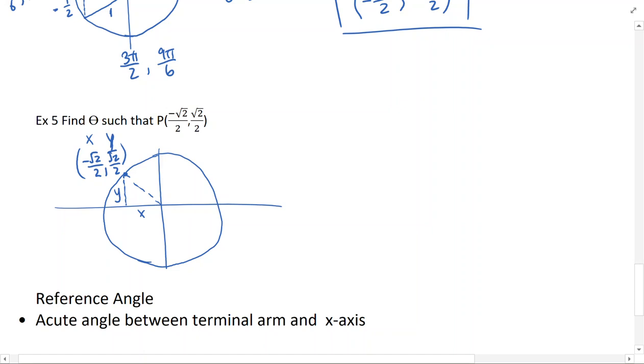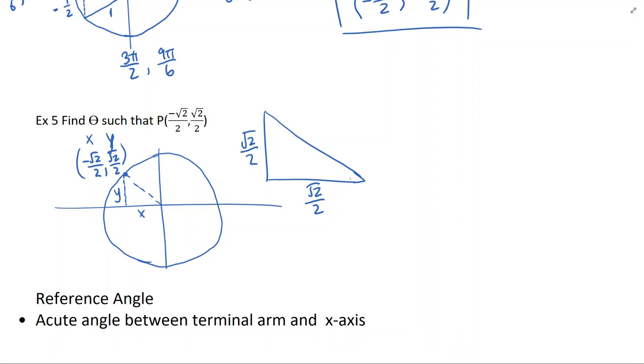And when we have root 2 over 2 as a side, we're looking at our 45, 45, 90 triangle. So let's just write that down. So basically here's our 45 and 45, okay? So in this particular case, starting from our initial arm, this is our standard position angle right here.